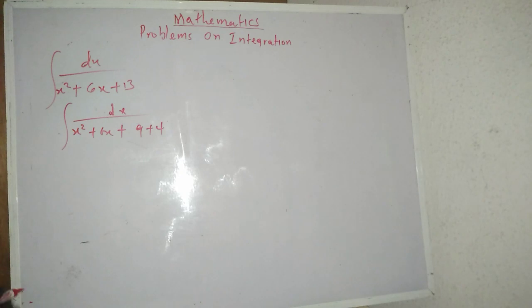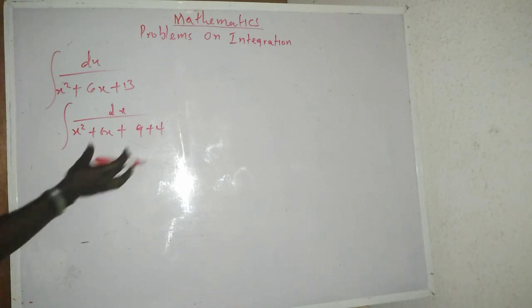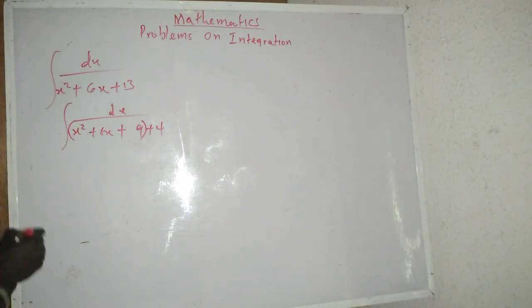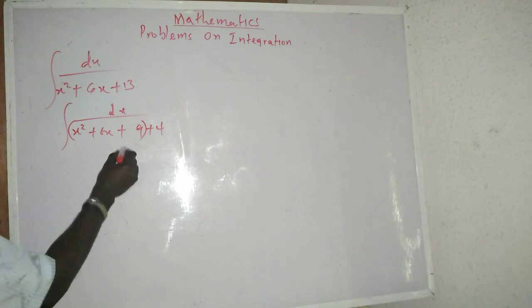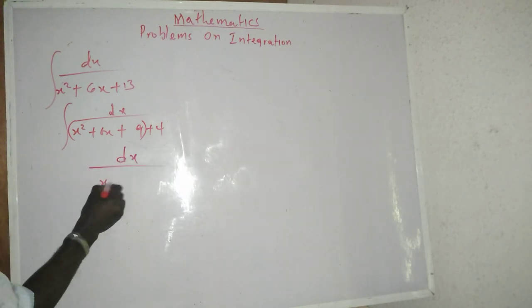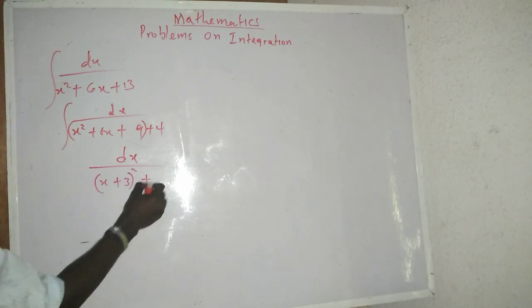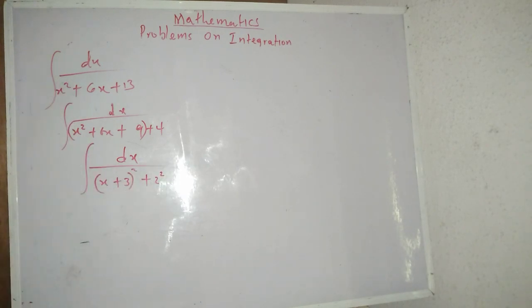Since I have that, I'm solving it a bit. If I factorize this one, I will have something very good. I can say the integral of dx all over (x plus 3) all squared plus 2 squared. Now the problem is totally solved.